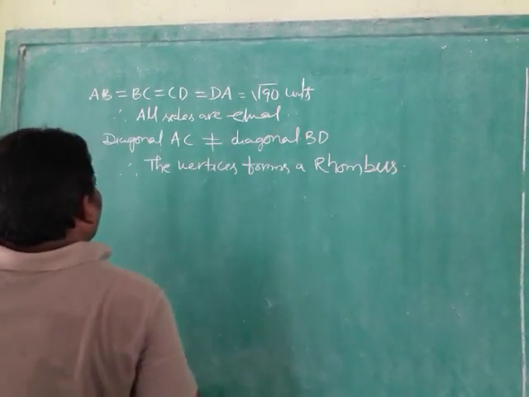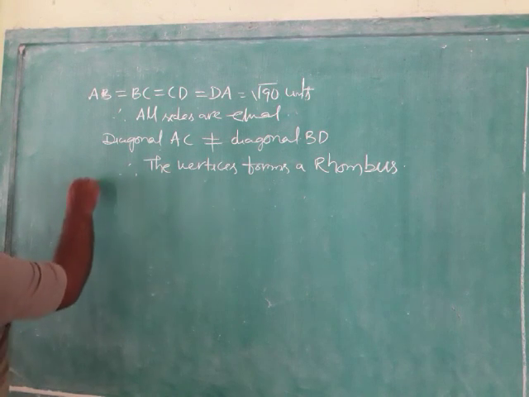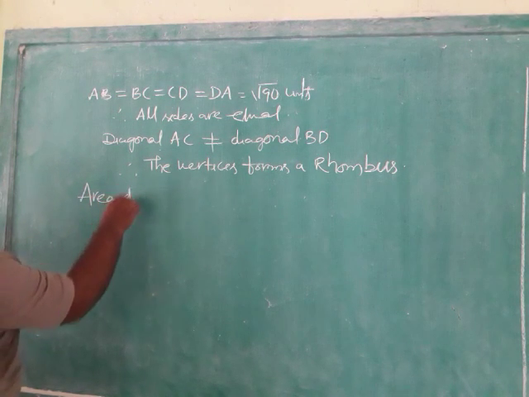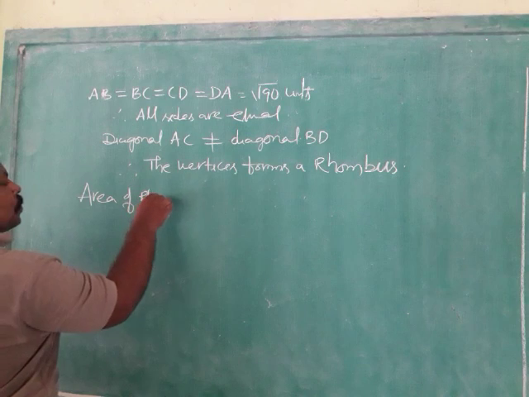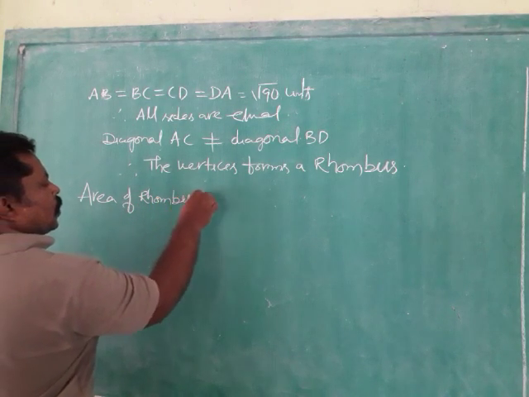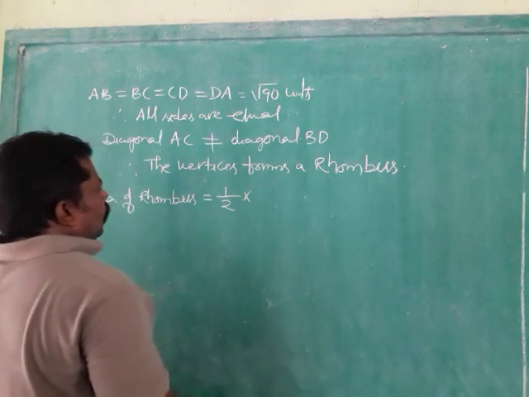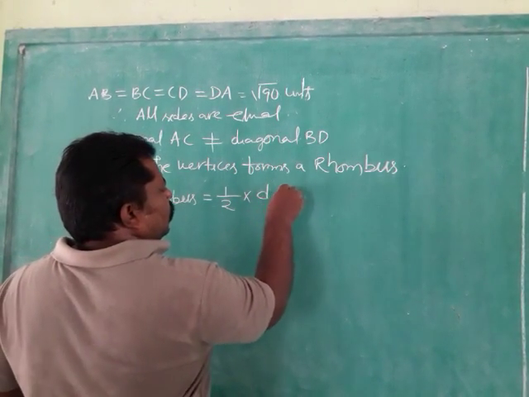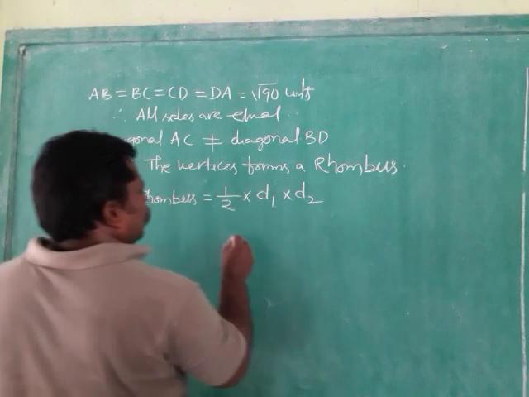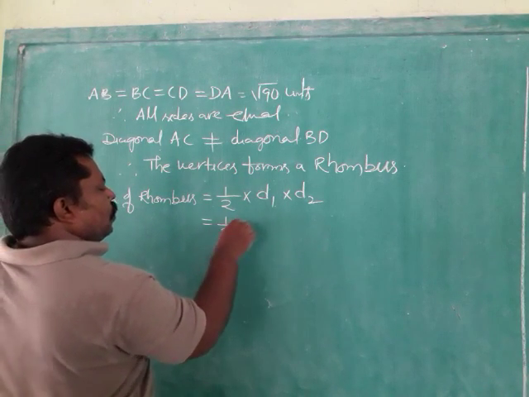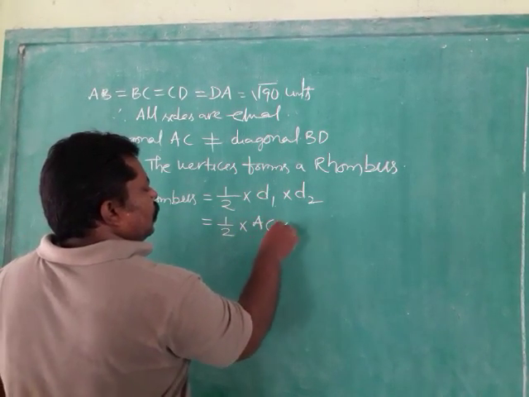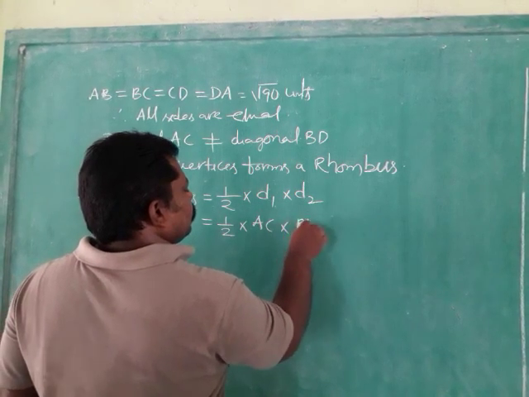Now we are going to find out the area of the rhombus. Area of rhombus is equal to half into diagonal 1 into diagonal 2. That is equal to half into AC into BD.